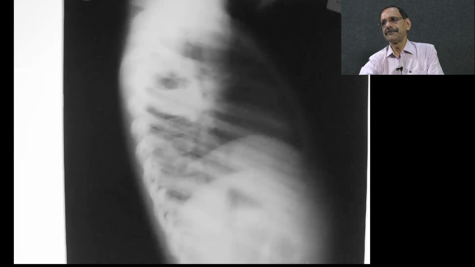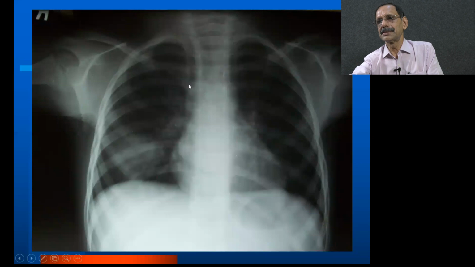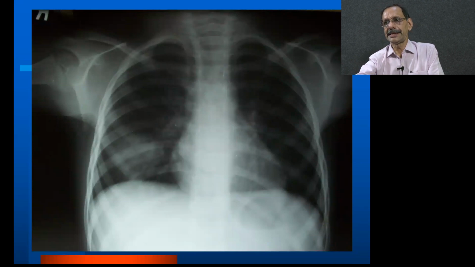When a child is always supine, like a quadriplegic cerebral palsy and pseudobulbar palsy, they generally aspirate, and when the child is aspirating in a supine position, it goes to the most dependent area, which is the superior segment of the lower lobe or the posterior segment of the upper lobe. So this area belongs to these two. Given the X-ray alone, it appears to be a secondary lung abscess, which is anaerobic, because when you aspirate, it is generally anaerobic.